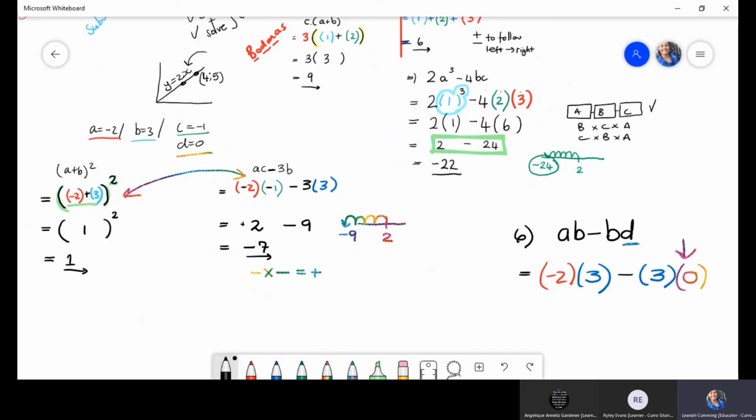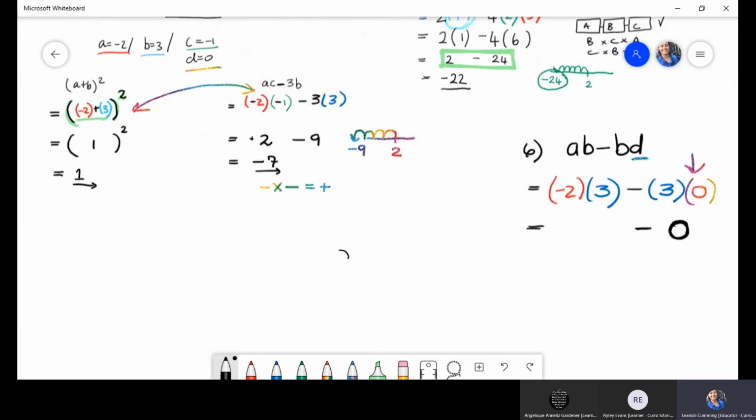What does this mean? Multiplication by 0 becomes 0. Please remember, division by 0 is undefined. Not non-real. Non-real is a negative under the square root.